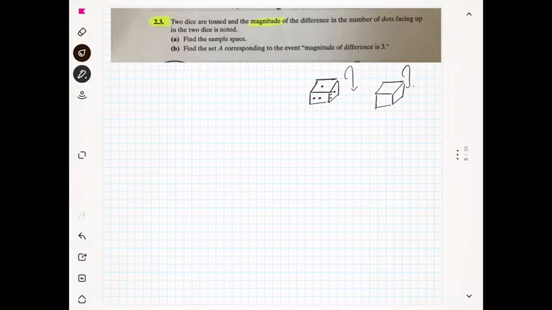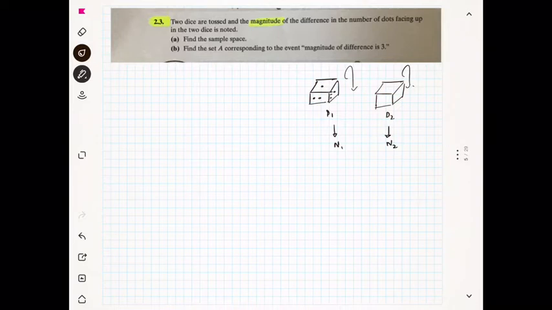We consider the magnitude of the difference. That means dice 1 will give you the outcome n1, and dice 2 will give you n2, and you will calculate the magnitude of n1 minus n2.